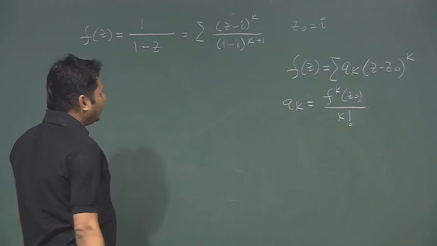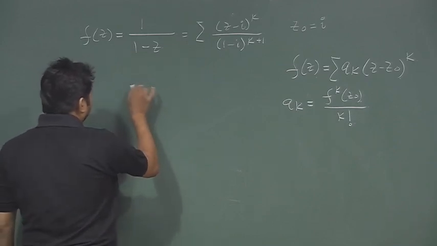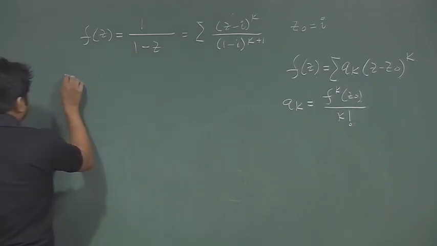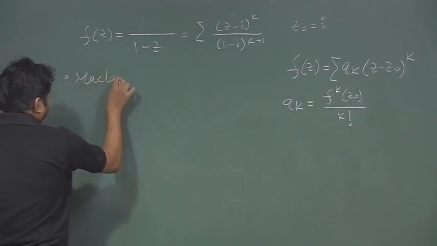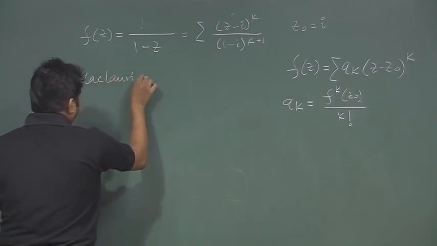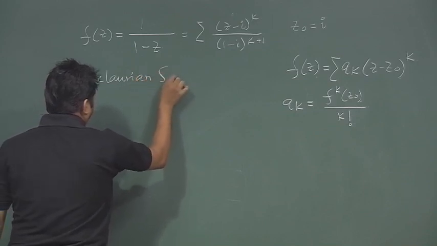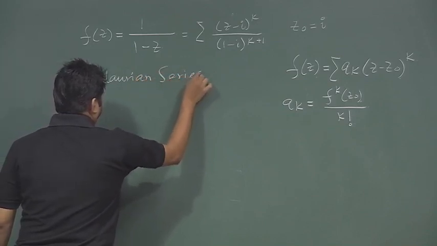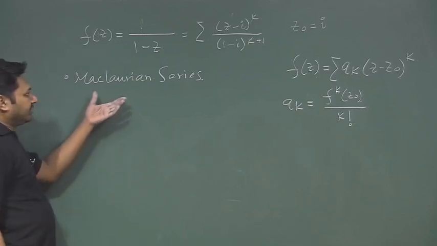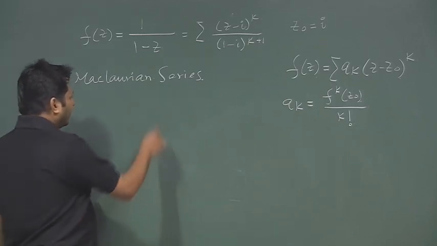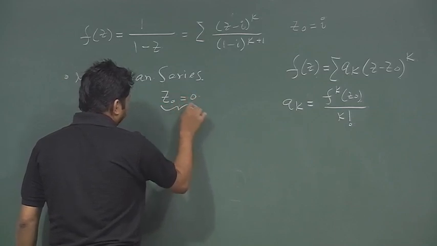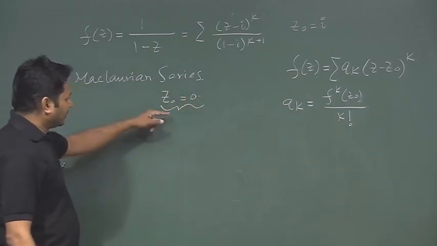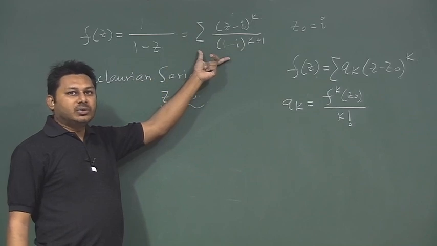At this point I need to show you one thing that I just mentioned last class, that is the Maclaurin series. The Maclaurin series is a special form of the Taylor series when z0 is equal to 0. That is the condition I need to put. So what should be the Maclaurin series?